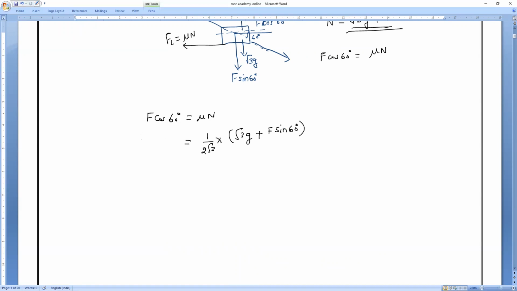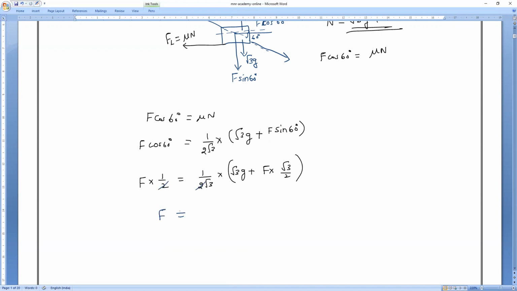Now we know the cos 60 value is 1/2, and the sin 60 value is √3/2. So this 2 and this 2 will get cancelled.